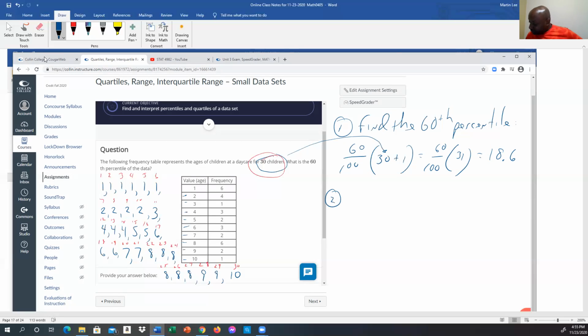Next, what we do is round 18.6 up to the next highest integer.